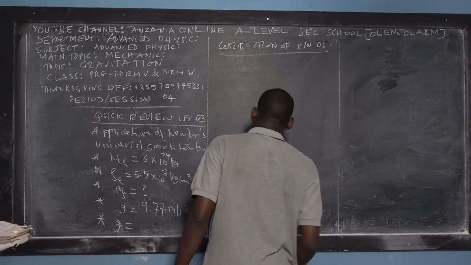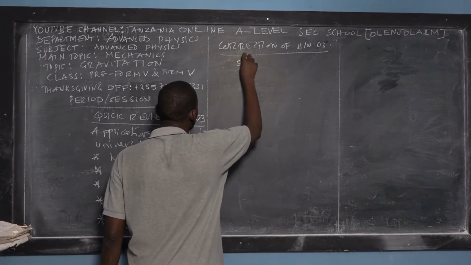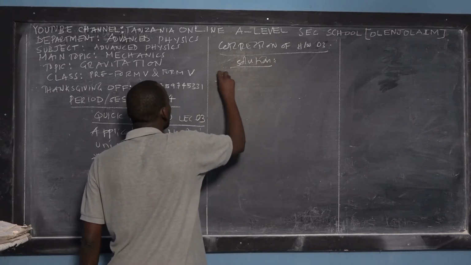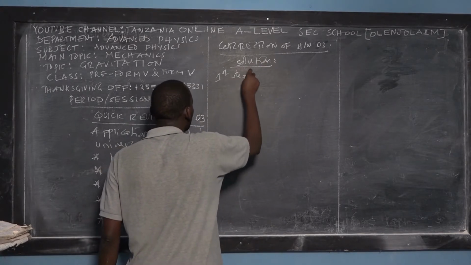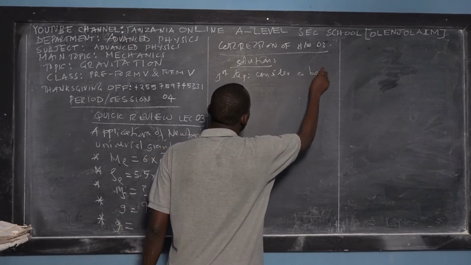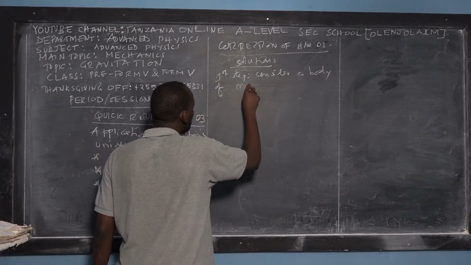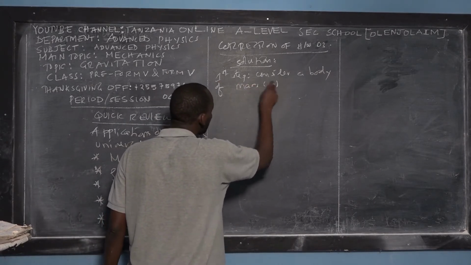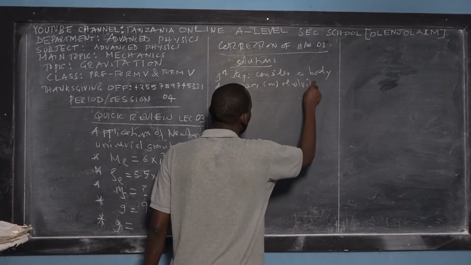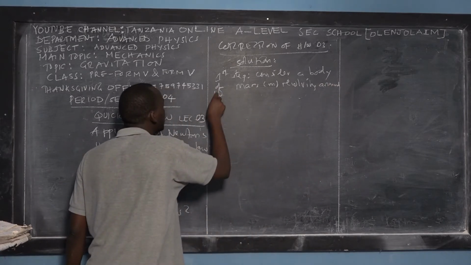The first step, we go straight to the solution of that problem. We say: consider a body of mass m, and this body might be a planet revolving around the Earth.